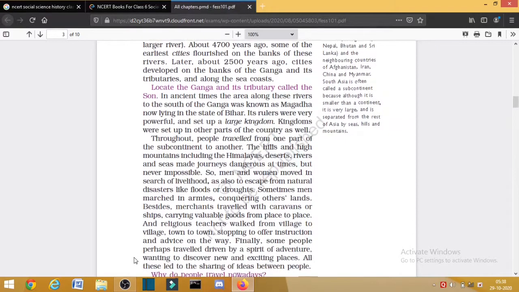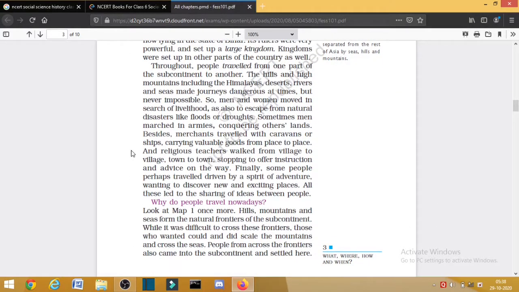Caravan means a large vehicle, where they can cook their food and also live. Merchants traveled with caravans or ships carrying valuable goods from one place to another. They used to carry their goods.